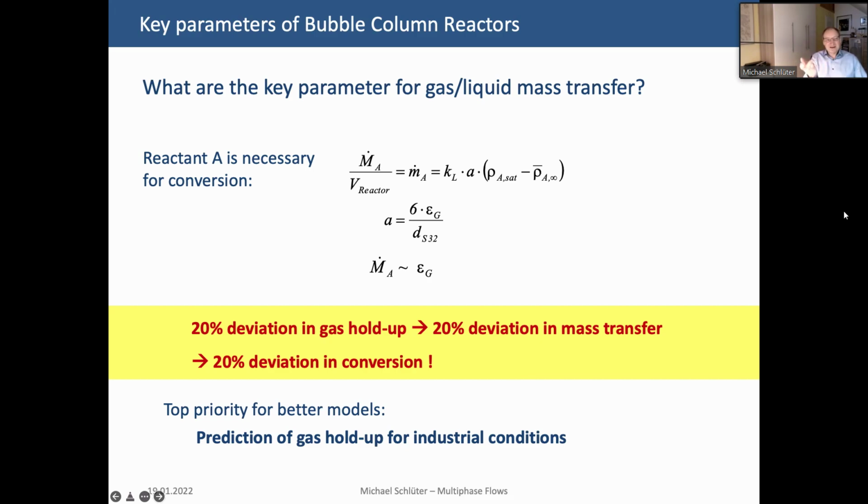But as I mentioned in the slide before, in future, of course, you want to come to higher conversion processes, and then the gas hold up gets more and more important. So this is our top priority for better models. The top priority is to predict the gas hold up for industrial conditions.